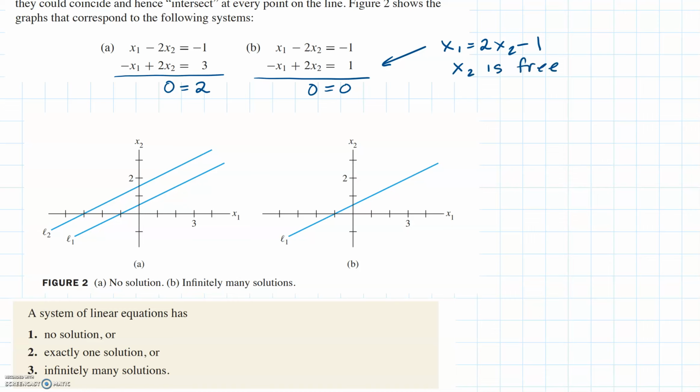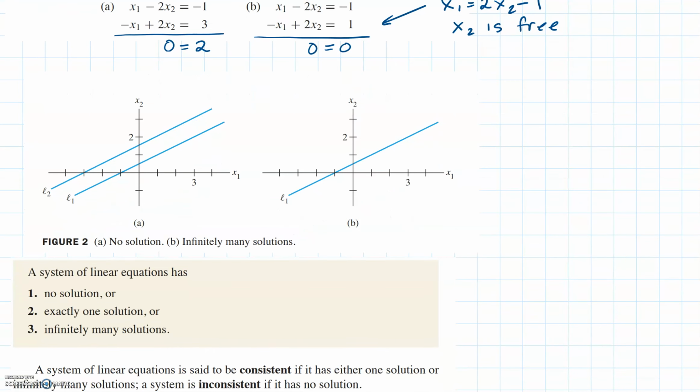So x1 is equal to 2x2 minus 1, where x2 is free. So you can see when x2 is 1, the solution here would be (1, 1). When x2 is 2, x1 would be 4 minus 1, which is 3. So there would be many solutions. In fact, infinitely many solutions.